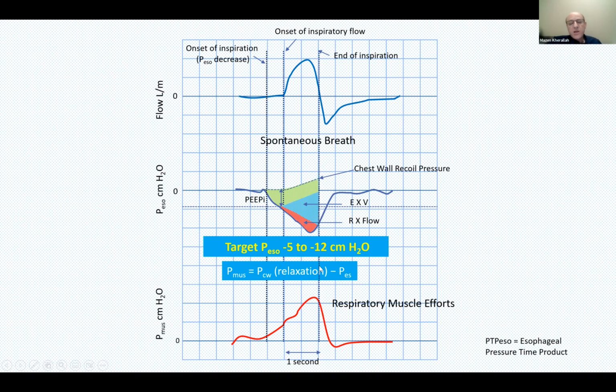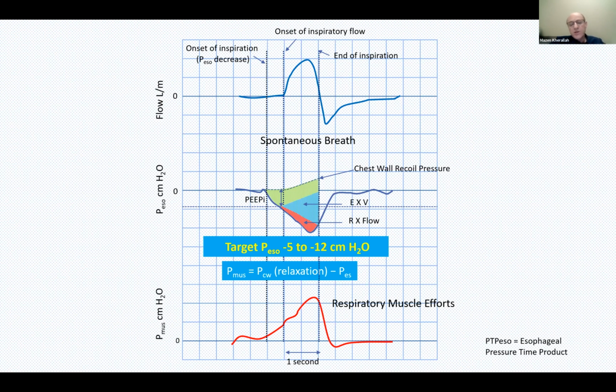If we have an esophageal pressure monitor, the target change in the pressure is between 5 and 12. Of course, it's a minus value for the pressure. So you need to see not more than 12 centimeters of water change in the pressure between inspiration and expiration.